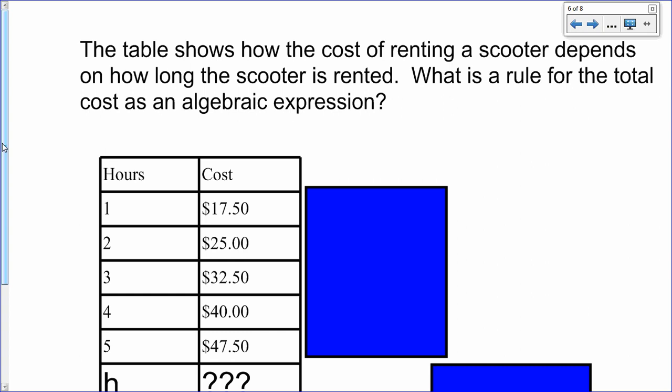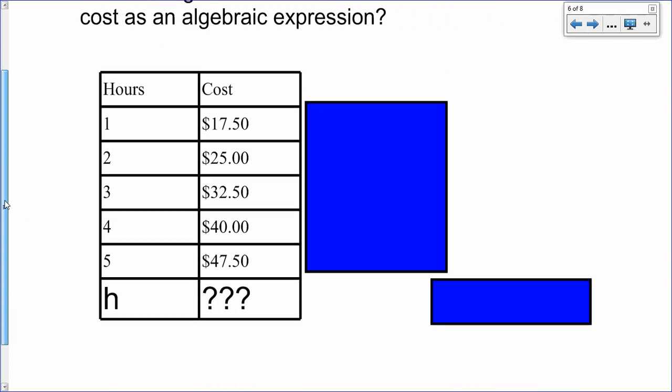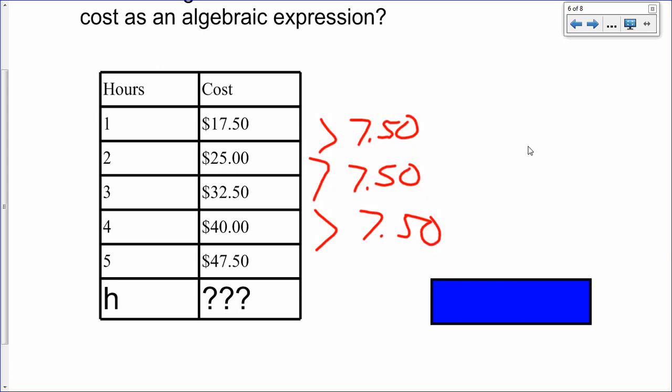This table shows the cost of renting a scooter, and it depends on how long the scooter is rented. What is a rule for the total cost as an algebraic expression? Well, here we have again, our hours go up consistently by 1, and our costs go up by $7.50 each hour. The difference here is we don't start out at $7.50.